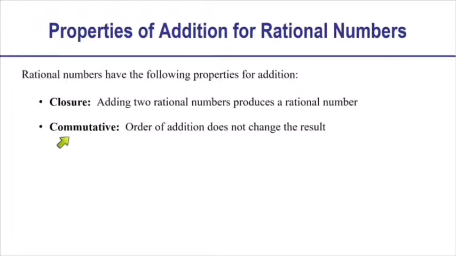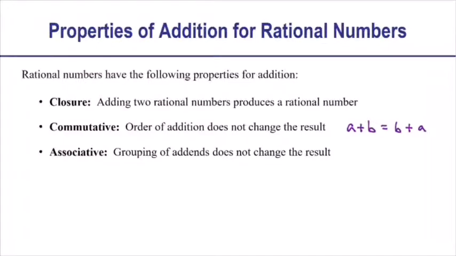Rational number addition is commutative. That is, changing the order of addition does not change the result. In other words, for any two rational numbers, a plus b is equal to b plus a. It doesn't matter what order you add them in. Rational addition has the associative property, which means that the grouping of the addends does not change the result.